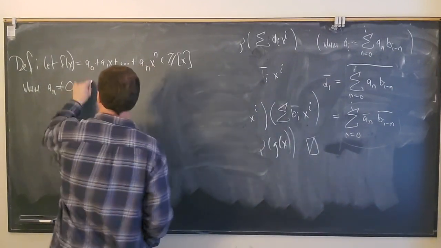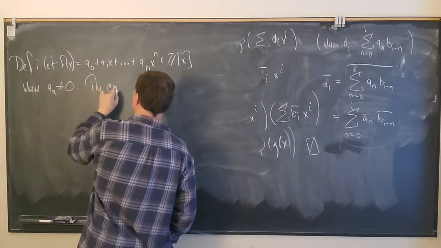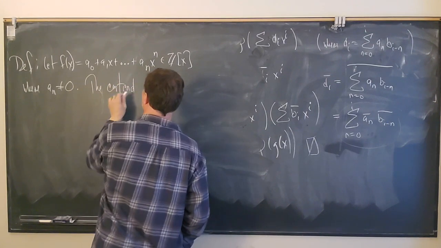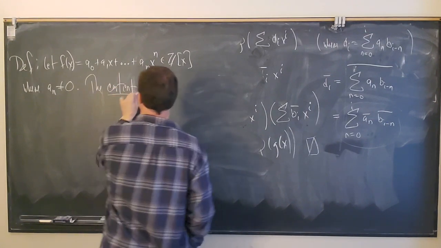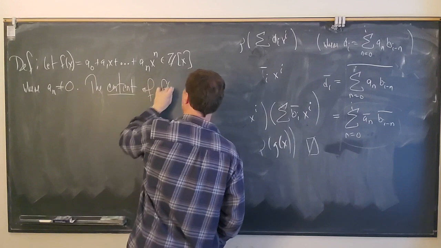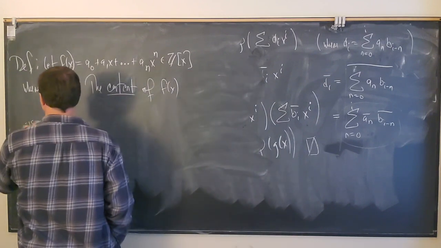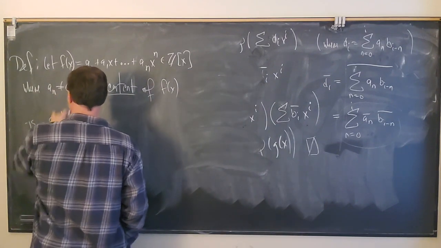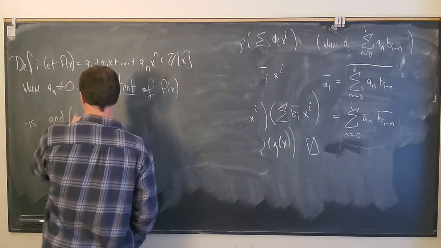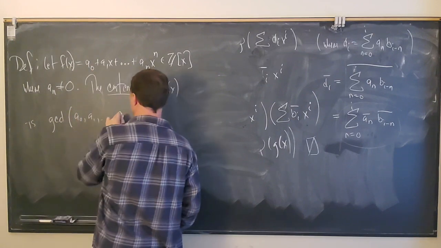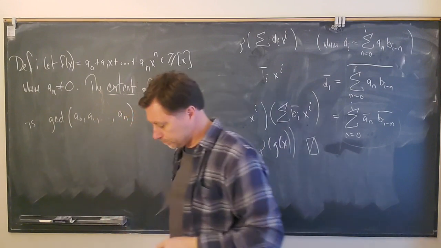The content of f of x is the GCD of the coefficients a_0, a_1, up through a_n.